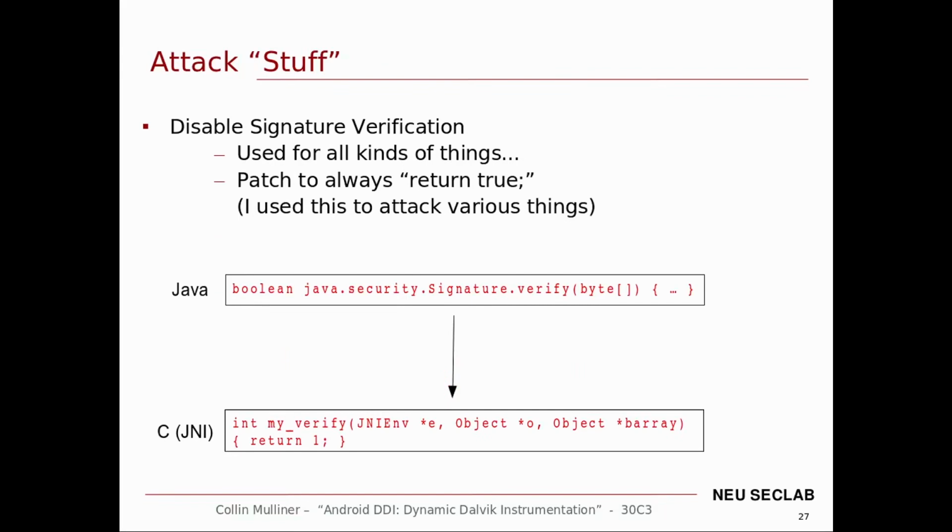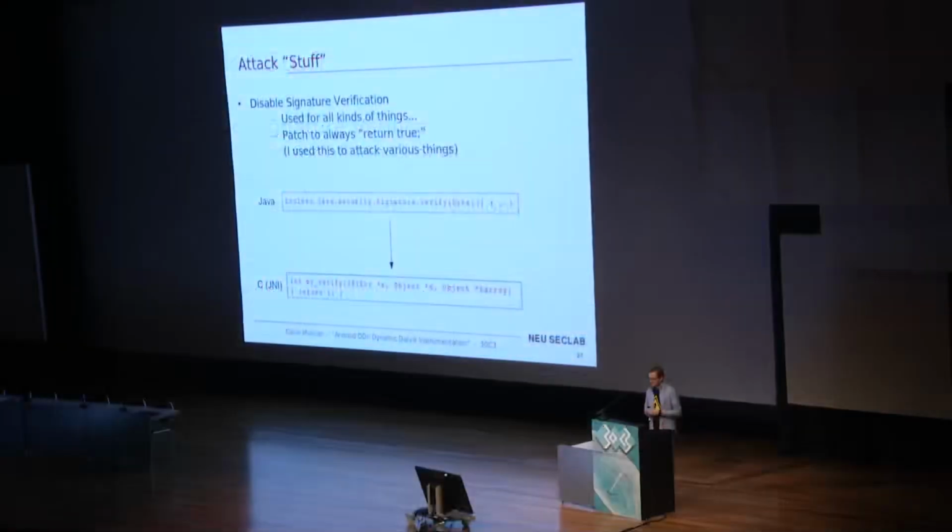You can just continue, and if you don't call the original code, you can also do other stuff. One very interesting thing for me was to disable digital signature verification. This is used for all kinds of different things, and it's a really, really easy hack.